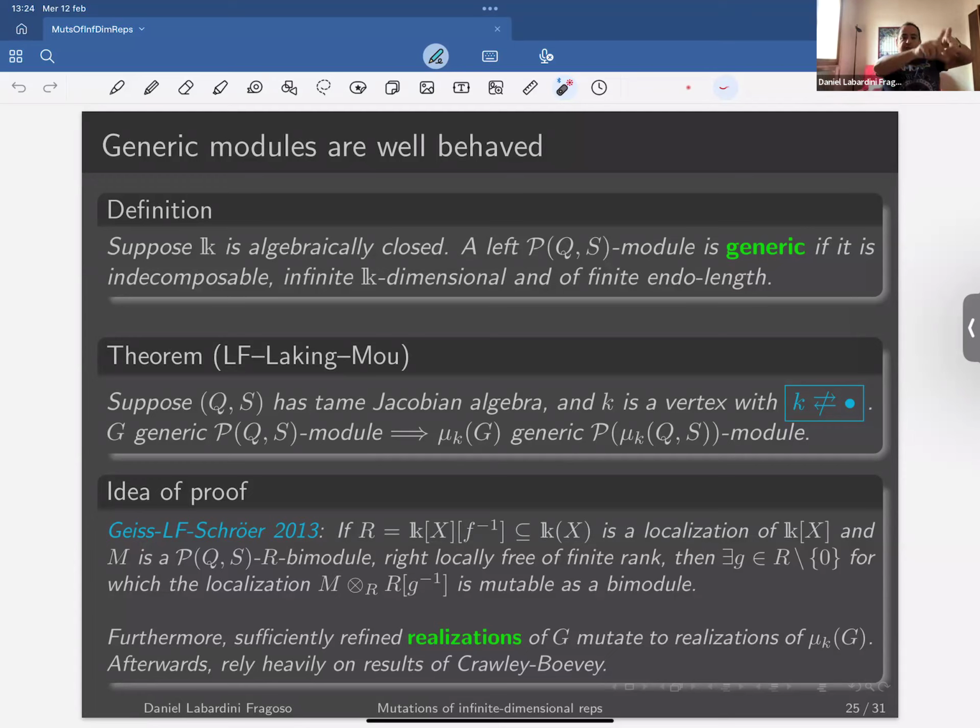If you have two things here related by an Angeleri-Hügel mutation, then on the new one their mutations here are also related. Kind of exactly like what happens in tau-tilting. It's very nice.